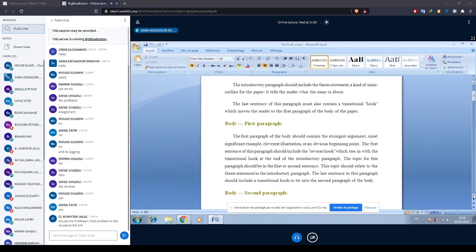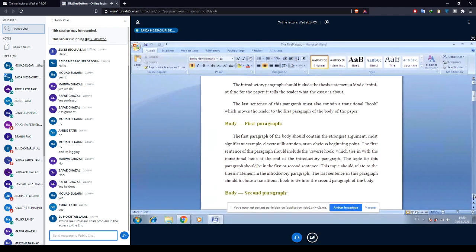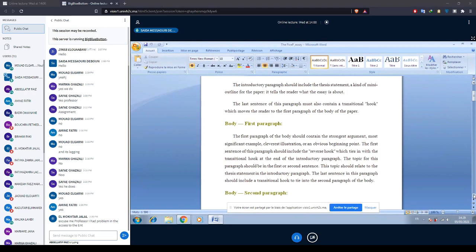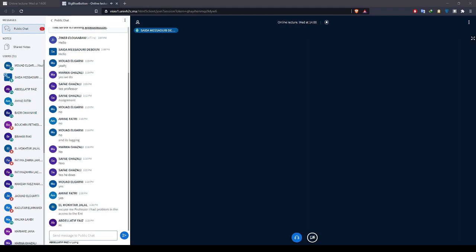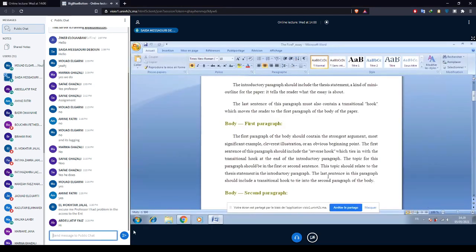Remember, in the introduction, we had 3 key points or key words. So each topic sentence is going to relate to one of those key words. This is the relation we are talking about. So this topic should relate to the thesis statement in the introductory paragraph. The last sentence in this paragraph should include a transitional hook.